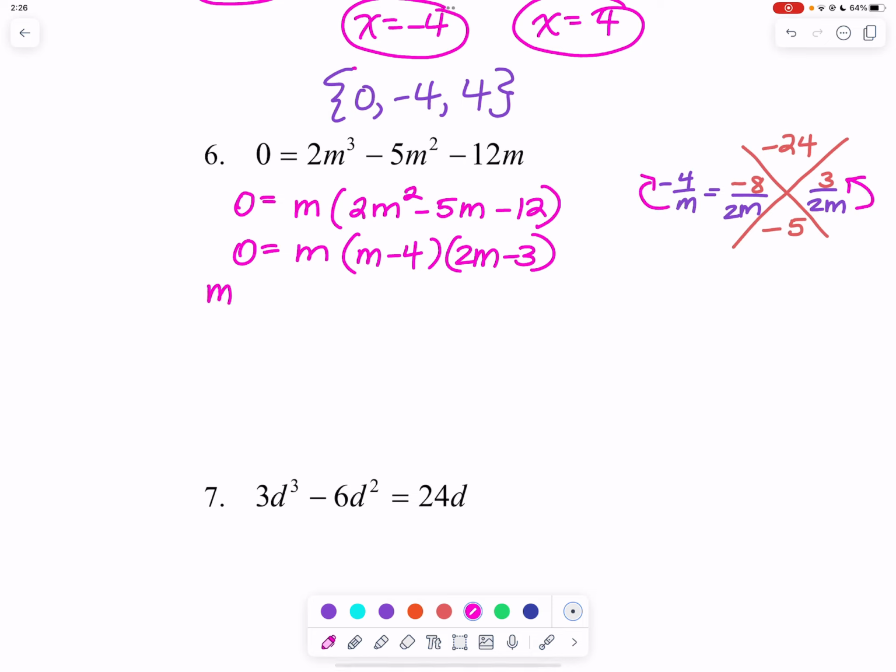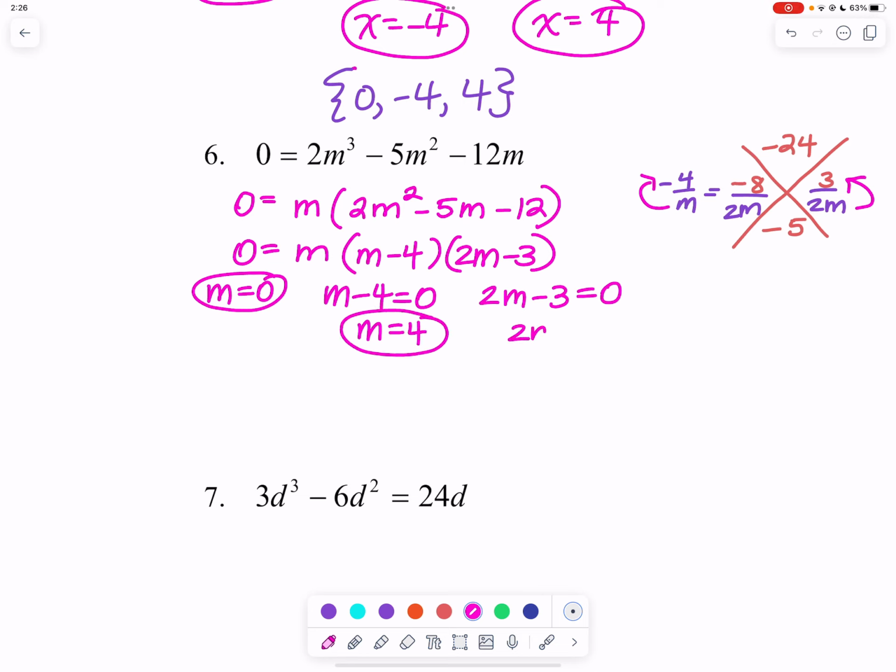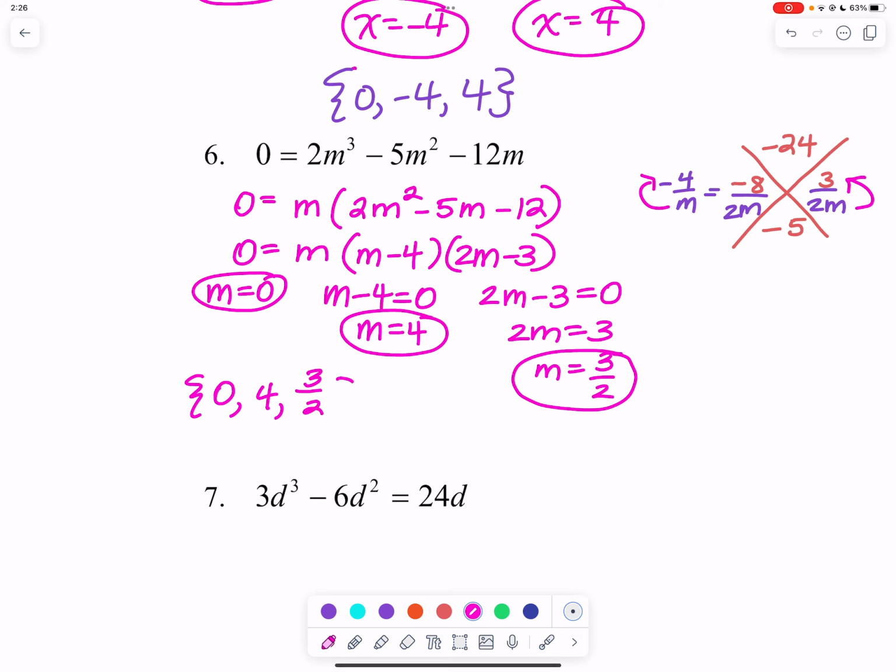So now we have m is equal to 0, m minus 4 is equal to 0, or 2m minus 3 is equal to 0. We will add 4 to both sides. We will add 3 to both sides and divide both sides by 2. Our solution set is 0, 4, and 3/2.